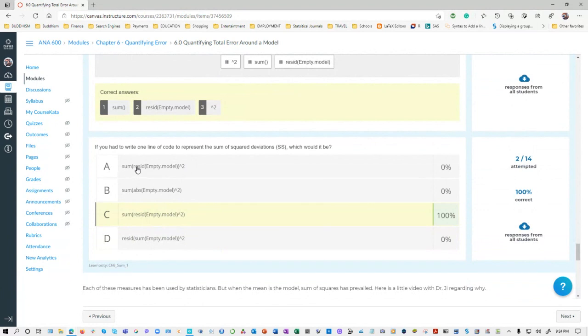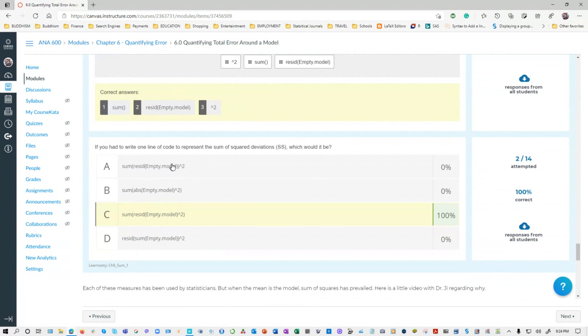You go to sum, you go to residual. It's going to square and then sum. Sum comes after this one, okay? That's why I have 2 parentheses. I'm going to open it, close it. Before I take the sum, I have to square, okay?